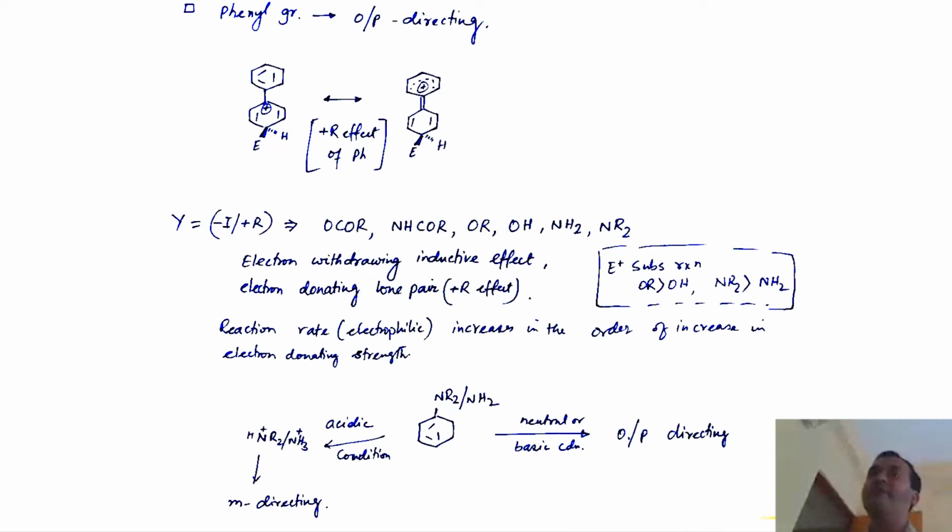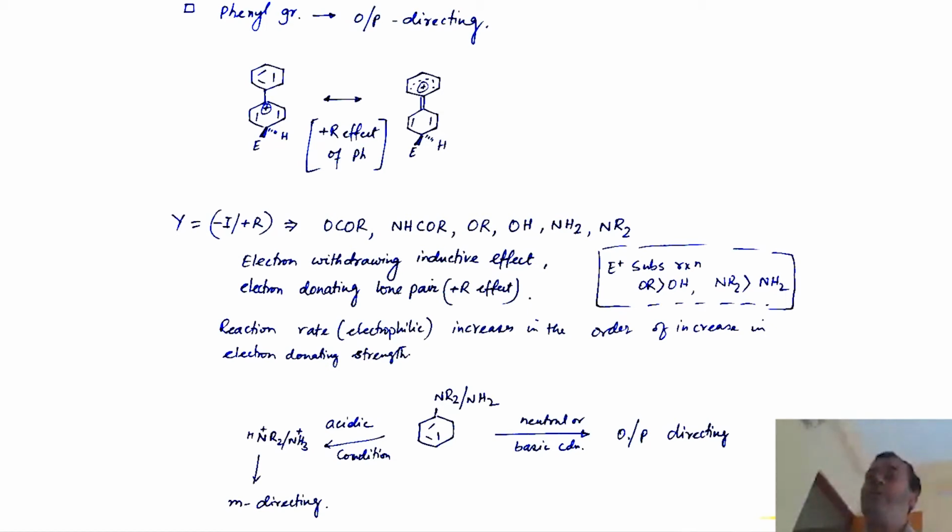So that means the phenyl ring, when it is in the biphenyl system, acts as a plus R effect. Okay, so we have then covered two things. One is minus I, minus R effect, electron withdrawing. One is plus I or plus R effect, that is electron donating.